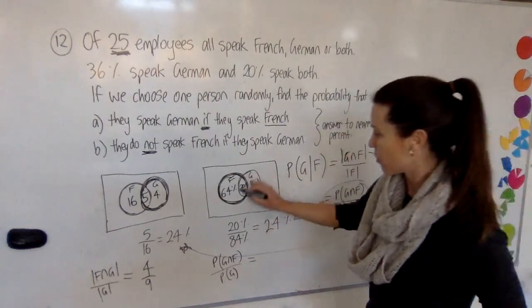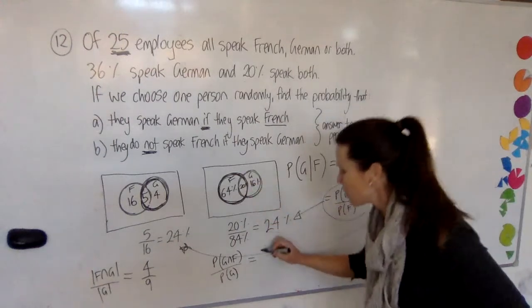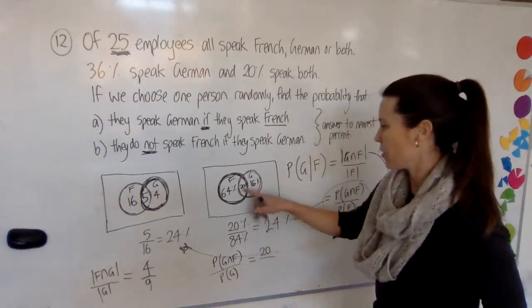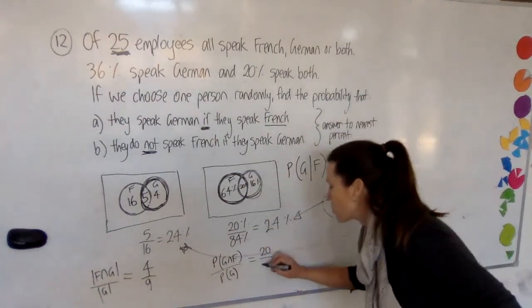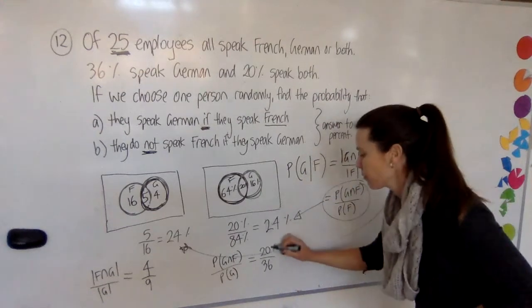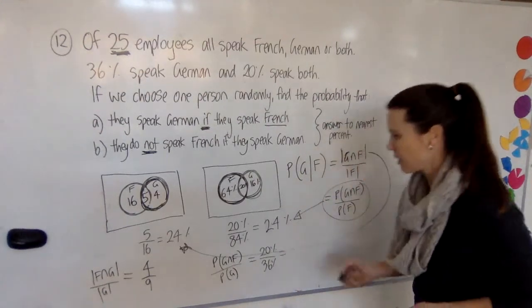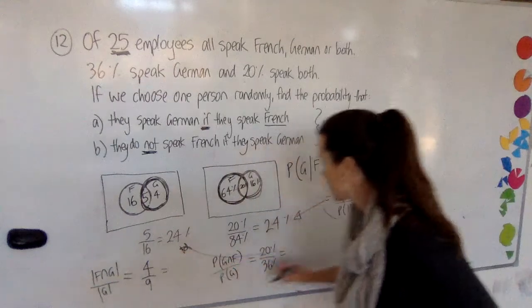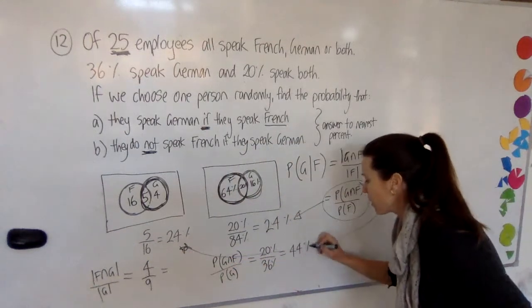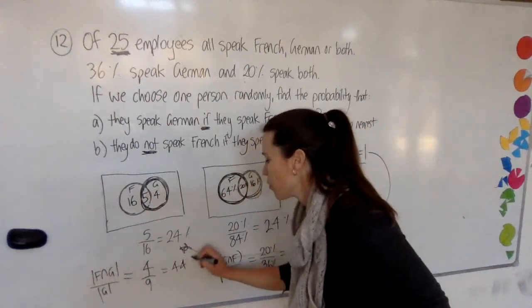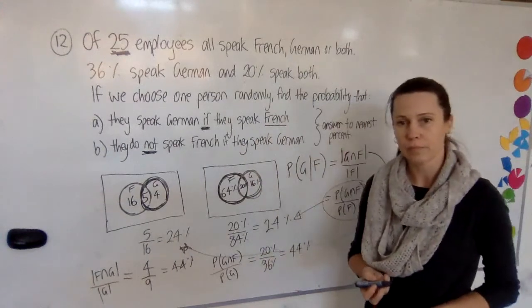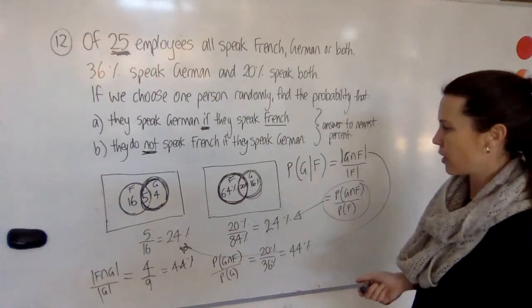So if the probability of being in the intersection is 20% and the probability of being in the German circle is a total of 36%, they put that in a calculator and both groups to the nearest percentage are going to find that it is roughly 44%. So two ways of doing it, both equally good, take your pick.